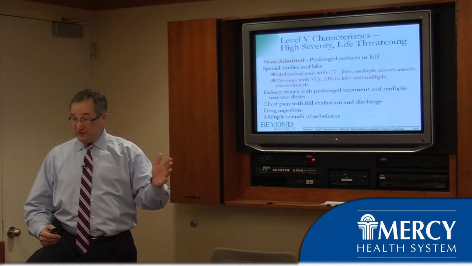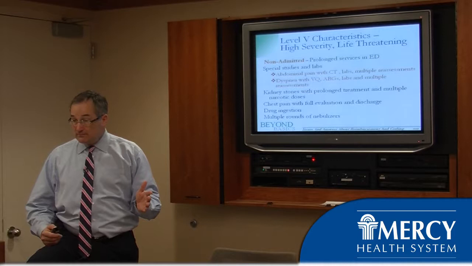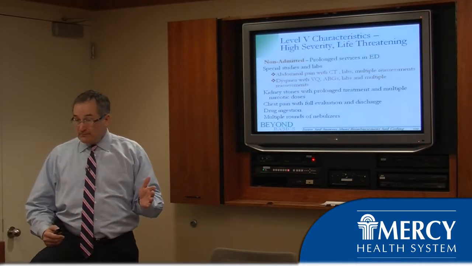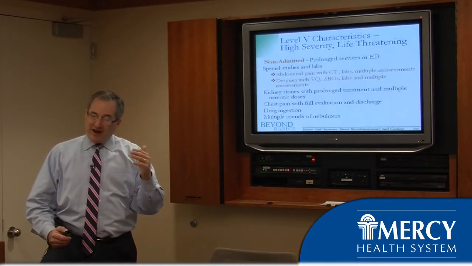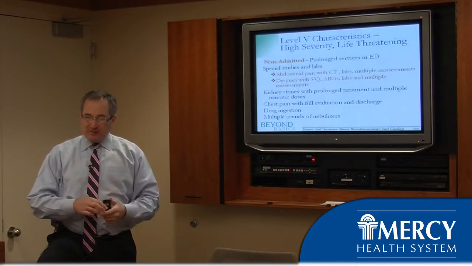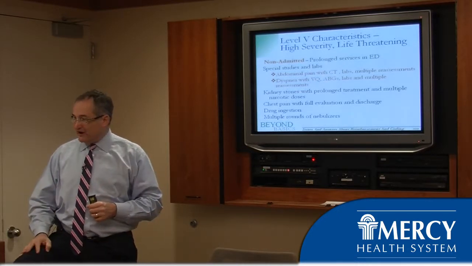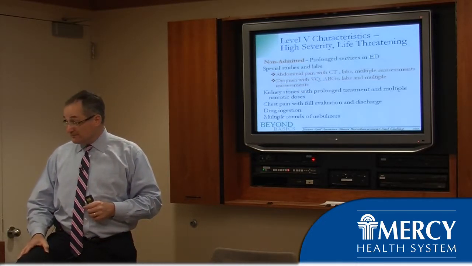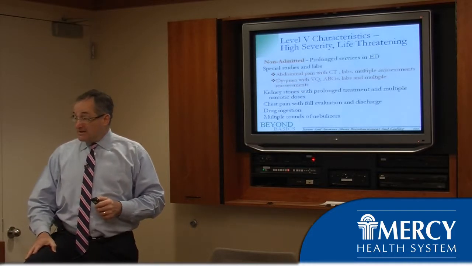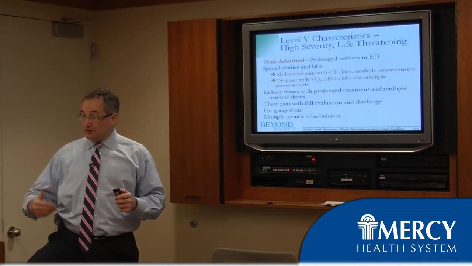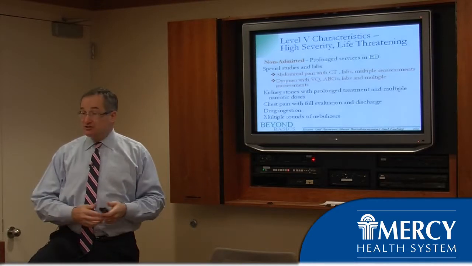A lot of the stuff that we used to admit now gets sent home. So our level 5 rate normally runs about 160 to 175% of your admit rate. That means a lot of discharged patients get coded as level 5s. Does that happen? Yes, it does.